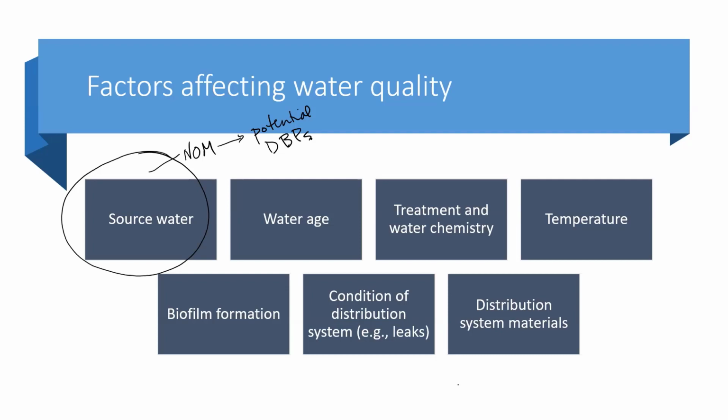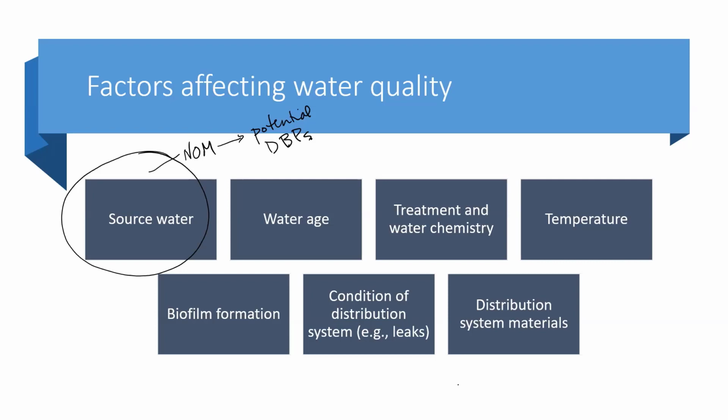So water age is the time from when the water leaves the plant to the time that it reaches your home. Now that can range anywhere from a few hours if you're very close to the water treatment plant. It can be days. It can be 48 hours, 2 days. It can be up to 5 or even longer.